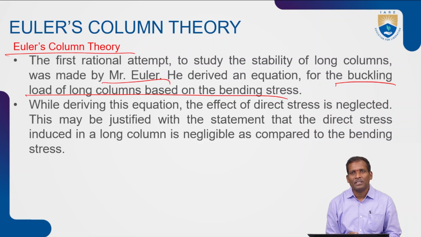While deriving this equation, the effect of direct stress is neglected. This may be justified with the statement that the direct stress induced in a long column is negligible as compared to the bending stress.